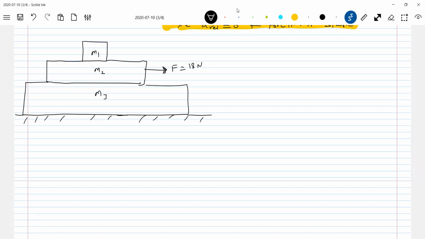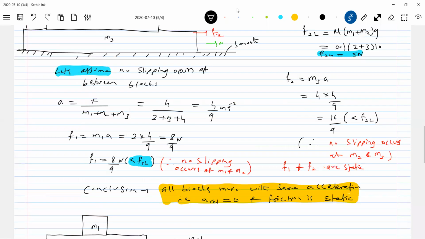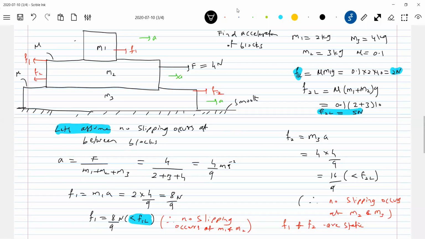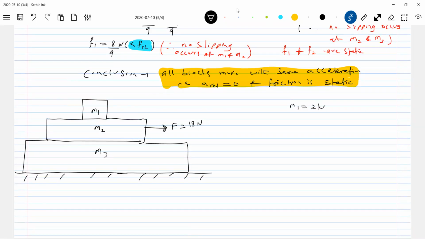Now the same values: m1 2 kg, m2 3 kg. The mu is 0.1 and this is smooth. Find the acceleration of the blocks and the friction at all surfaces.